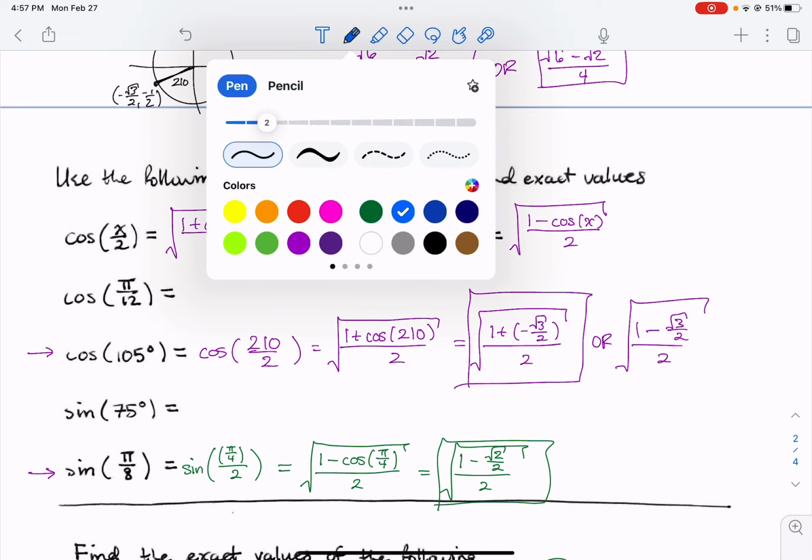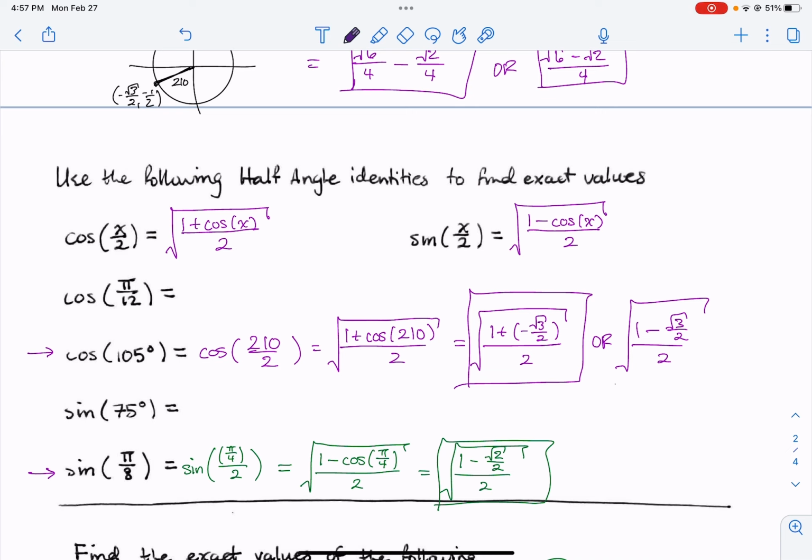In that instance, I was showing how if you have your final answer like that, you put it into the calculator and you get a decimal, like 0.26. You could also do this problem using a sum formula, and you should get the same decimal. The exact values might look different mathematically, but they should give you the same decimal representation.